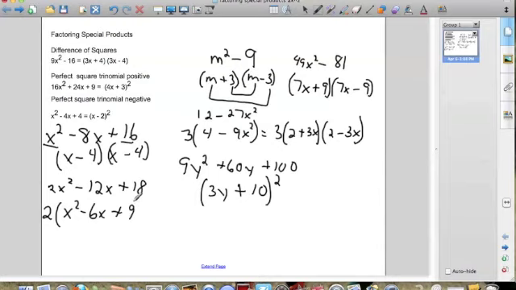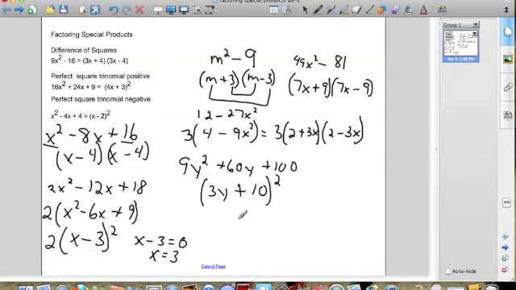Now I have a perfect square trinomial, and it happens to be negative. I recognize that: take the square root of 9, which is 3, double it, equals 6. So what I end up with is x minus 3, squared. Now if I was solving this using the zero product property, I only have to do it once, and so the answer here would be 3.